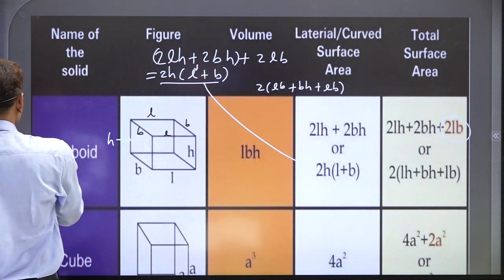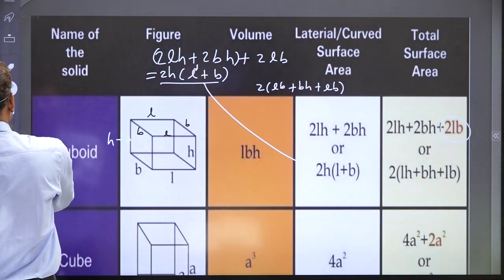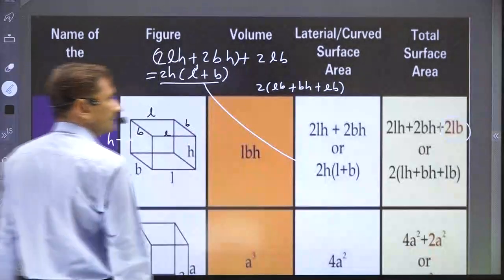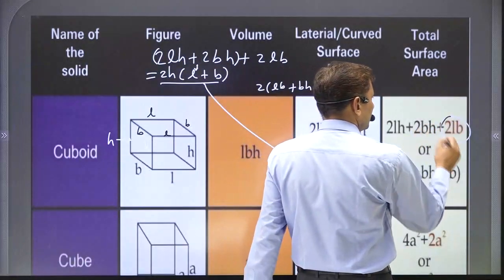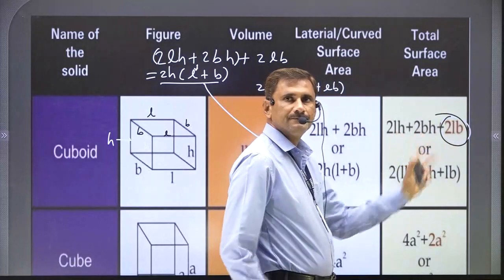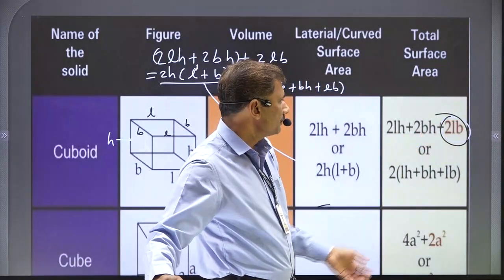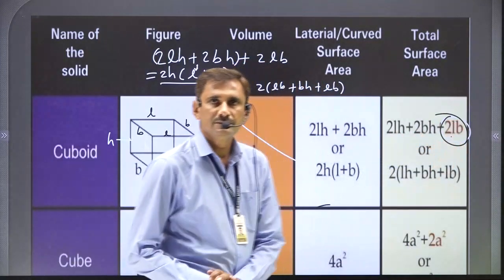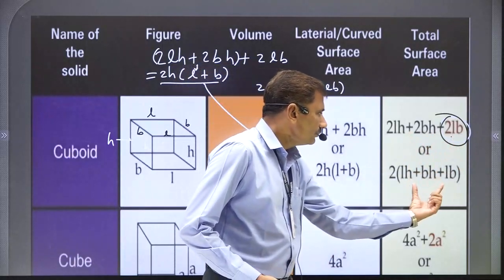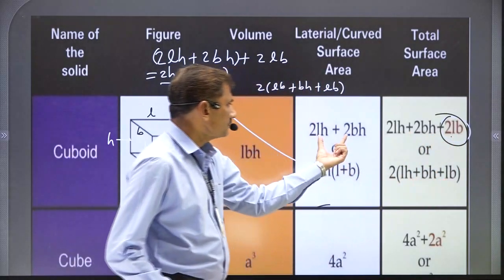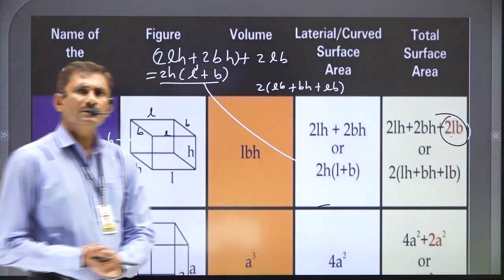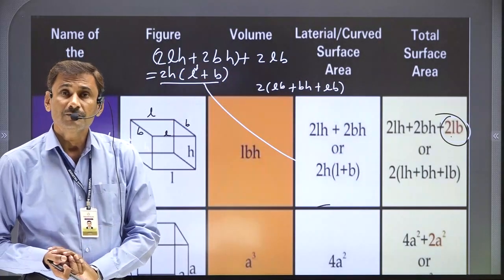Why? Because it is added only. This is the lateral surface area. But what is new? 2LB is new. So now 3 terms are there instead of 2 terms. Otherwise you can learn it anyway.